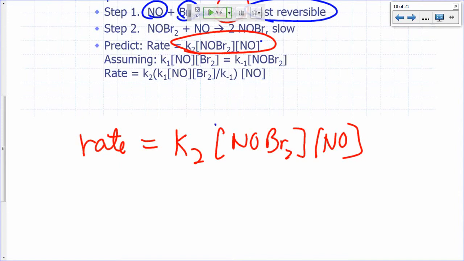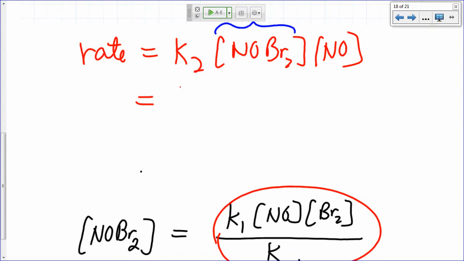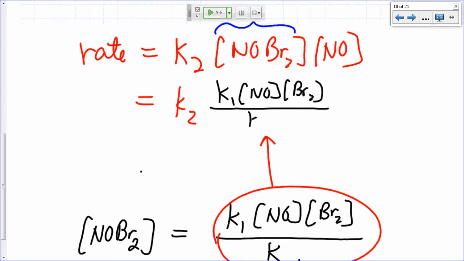And remember we said we don't like to see this in our rate law because we can't determine that experimentally. But now I have an expression for NOBr2 down here. So this is going to be equal to K2 times the expression for NOBr2, K1 times NO times Br2 over K sub negative 1. And then this one goes down here. That's NO. Okay, so what I've done is I've replaced the concentration of NOBr2 by this expression down here.